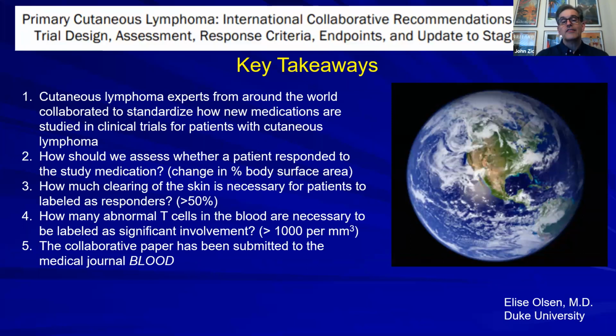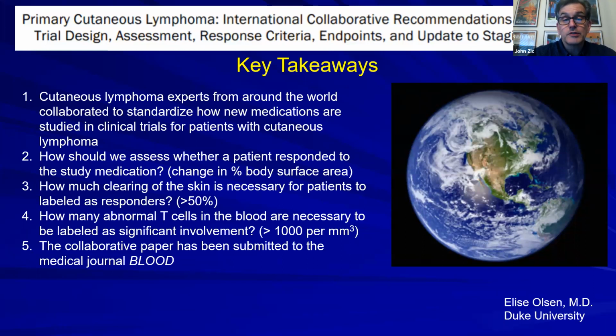So if you have more than 1,000 abnormal T cells in the blood, that's when you can be labeled as having significant involvement. And finally, and the best news, is that this collaborative paper has been submitted to the medical journal Blood. And we've already had some feedback from reviewers who overall were pleased with the content of the paper. So hopefully this will be published within the next 6 months.